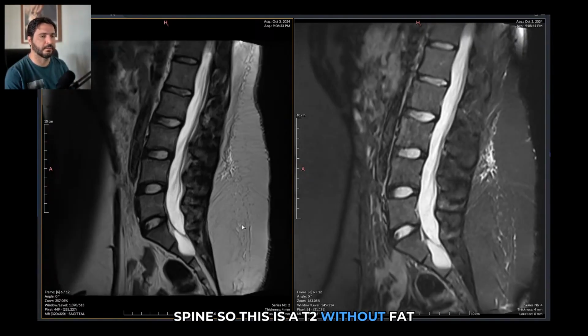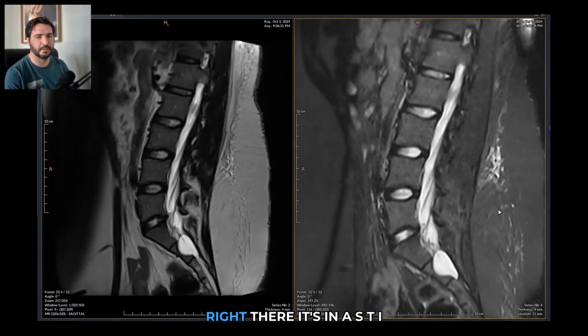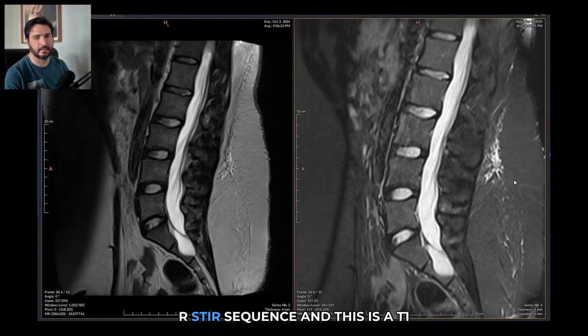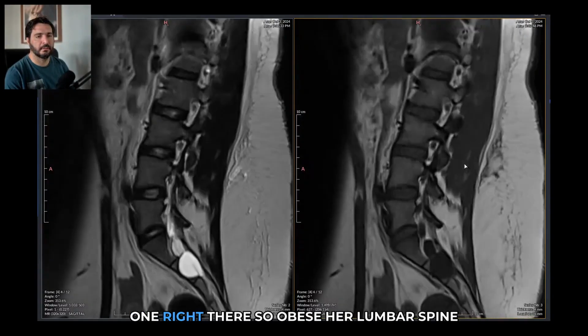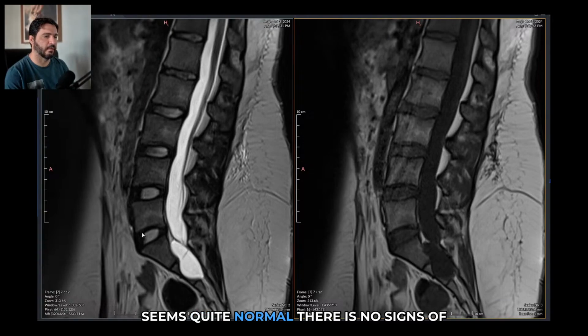So this is a T2 without fat saturation. This is a T2 with fat saturation right there. It's in STIR, the steer sequence. And this is a T1 right there. So, obese. Her lumbar spine seems quite normal.